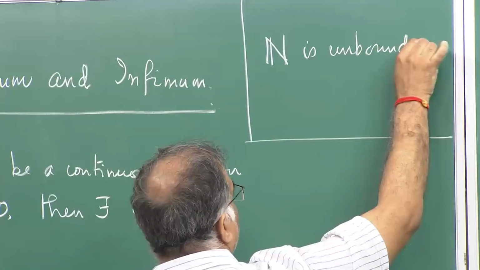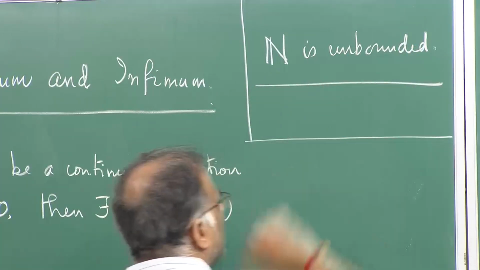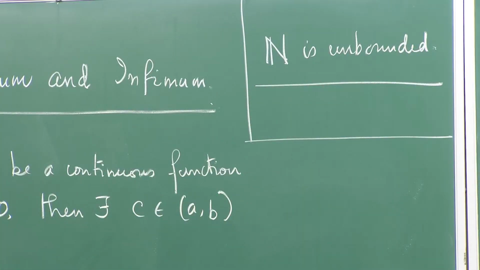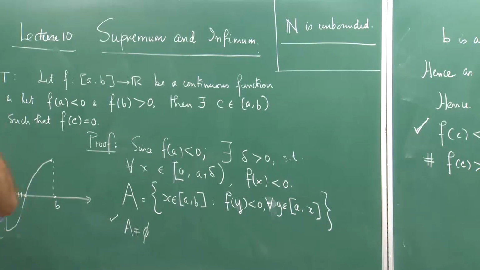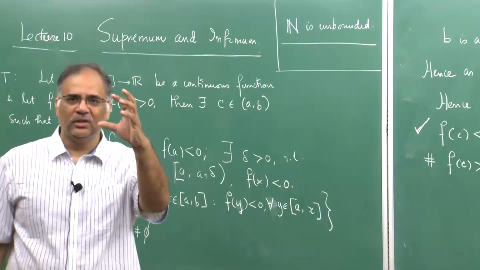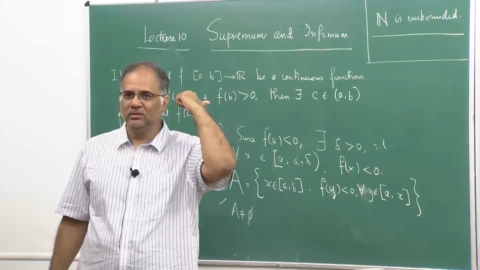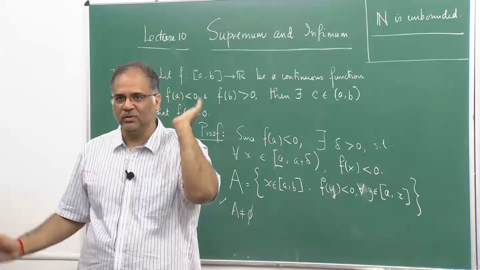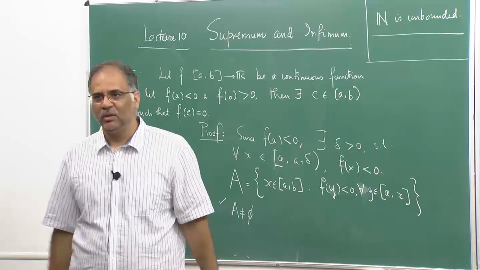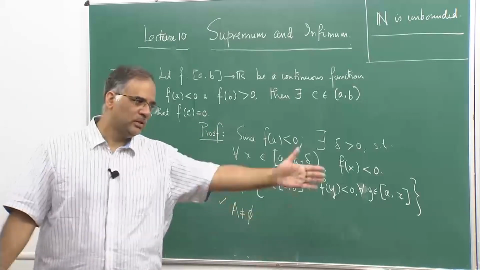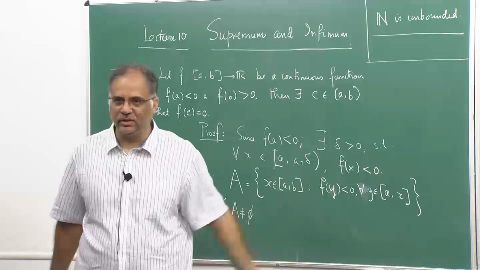So, as a math student, you should always use one of the major tools in the hand of the mathematician. It is called proof by contradiction. Assume that N is bounded, say bounded above, bounded below, whatever. Bounded below, you can say there is 1, so 1 is less than everything, there is a lower bound.